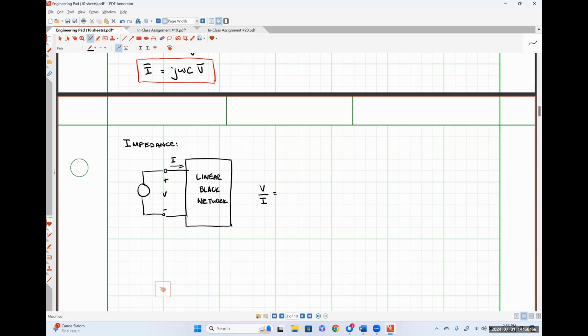The resistance of our black box network.